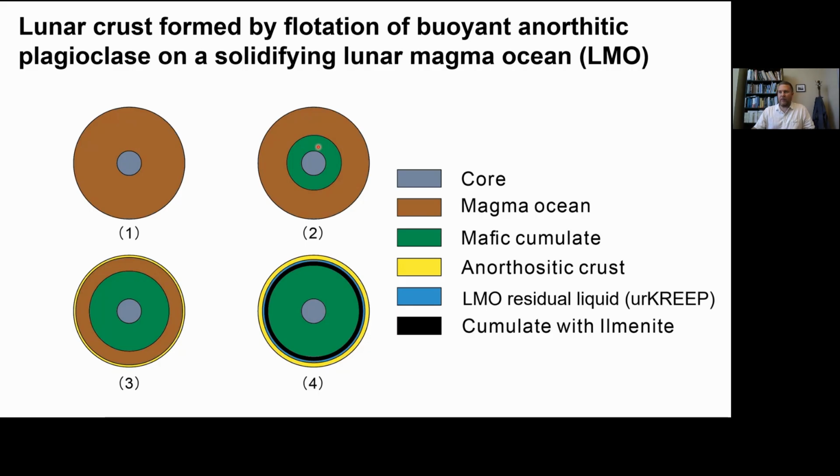And after about 80% solidification, it's thought that the magma ocean would have become saturated in anorthitic plagioclase, which is buoyant on a magma ocean liquid. And so that would have floated to form a stagnant lid protocrust and dramatically slowed down magma ocean solidification.